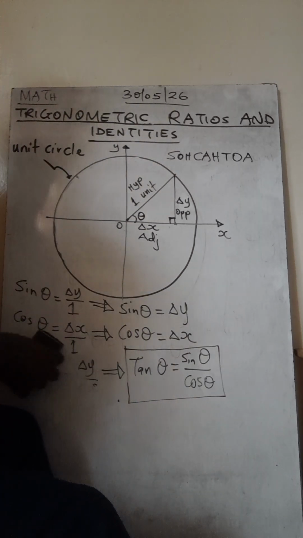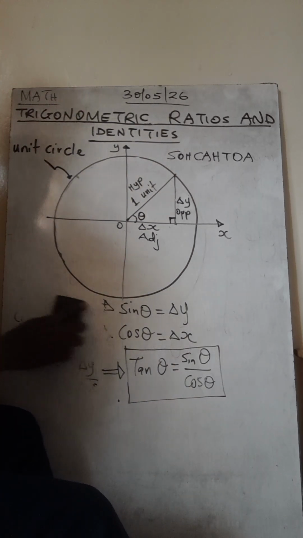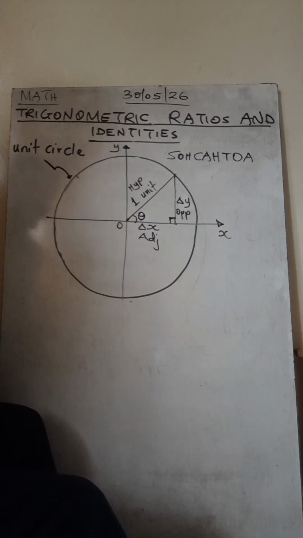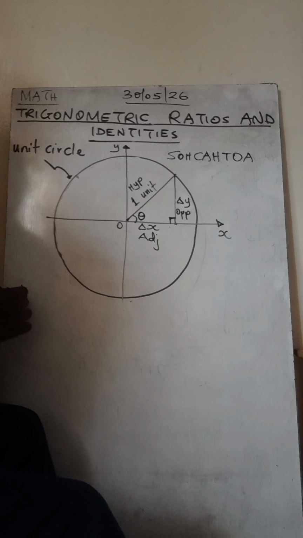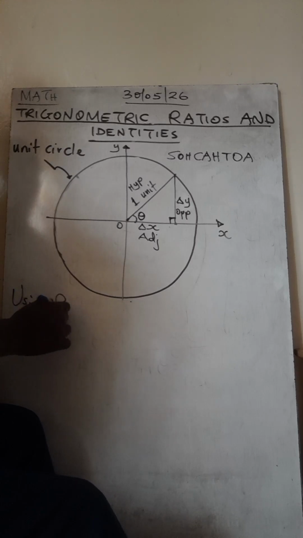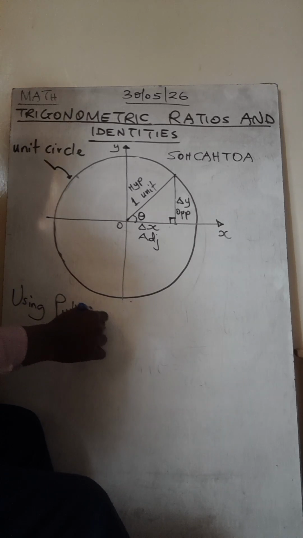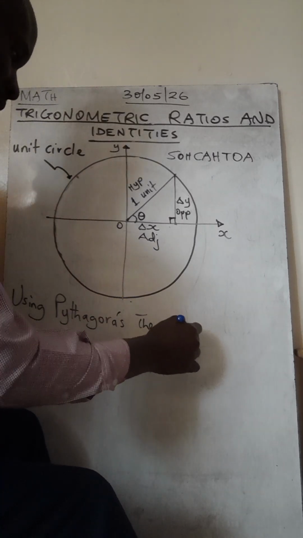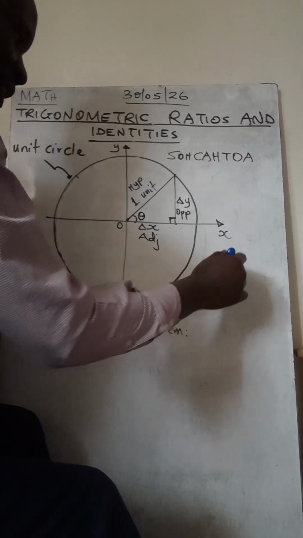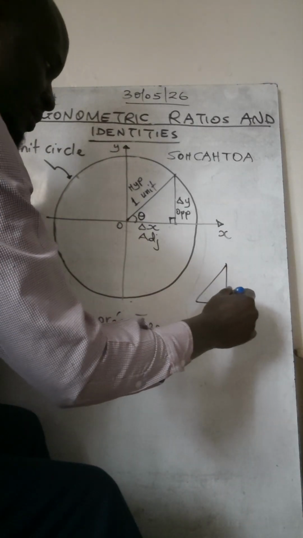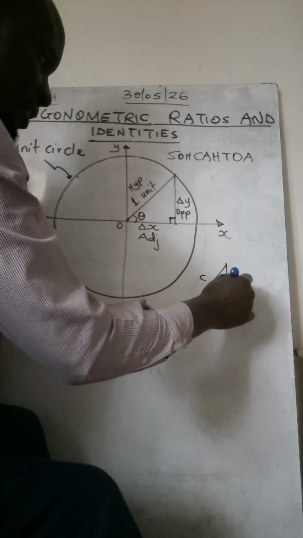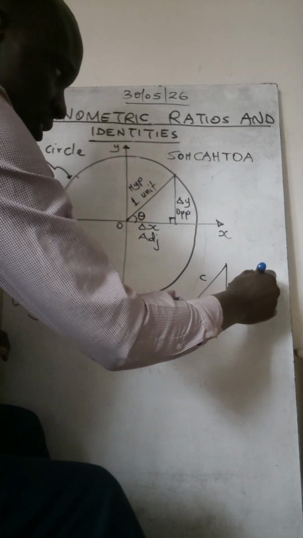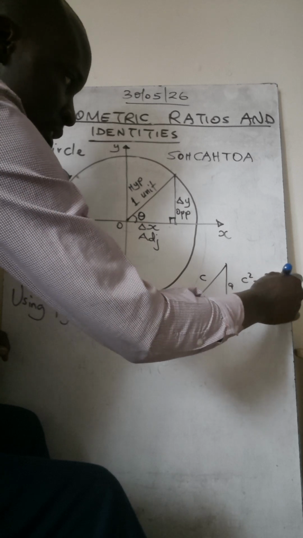Apart from that, we also have another thing that we need to derive here. Using Pythagoras theorem, we know that if we have a right-angled triangle like this, where this is C, this is A, this is B, Pythagoras theorem says that C squared is given by A squared plus B squared.